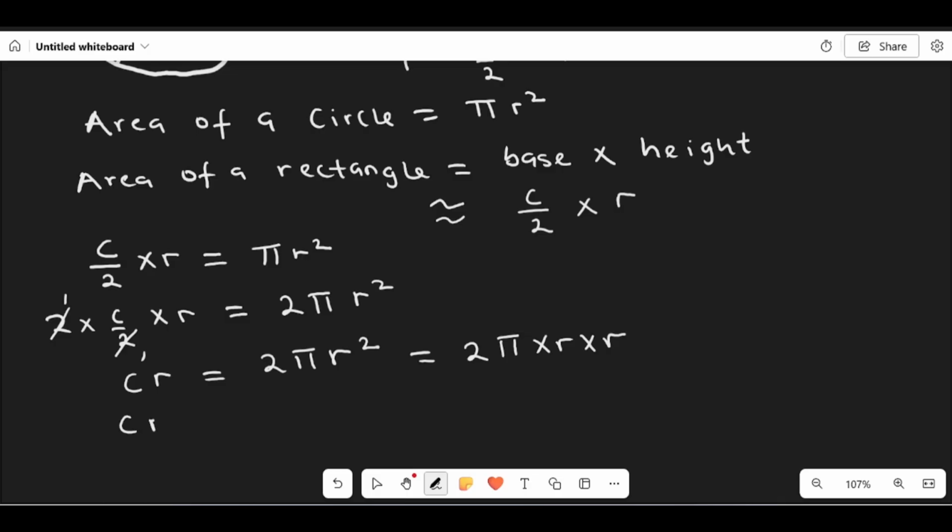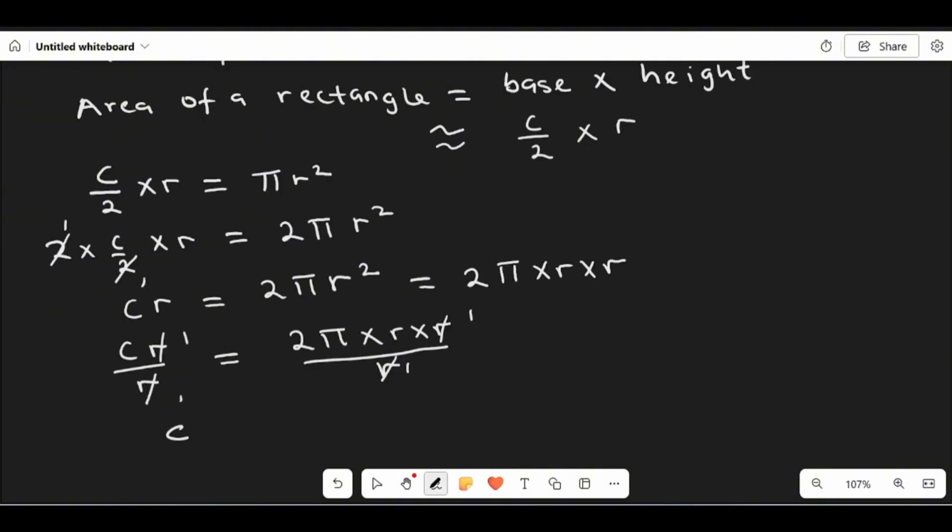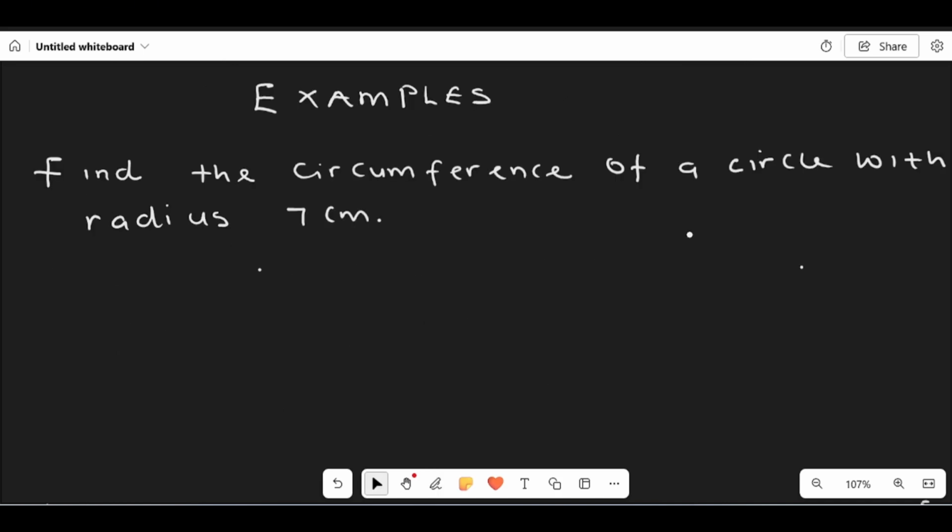So Cr over r equal to 2 pi times r times r over r. The r's cancel. So C equal to 2 pi r. Proved.